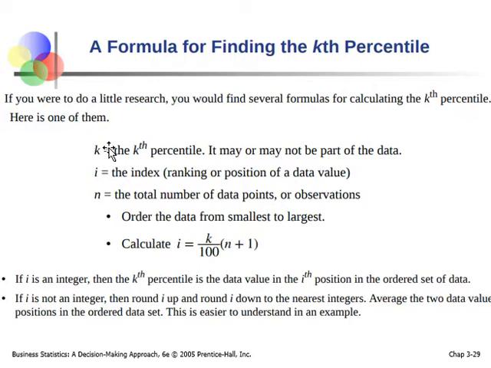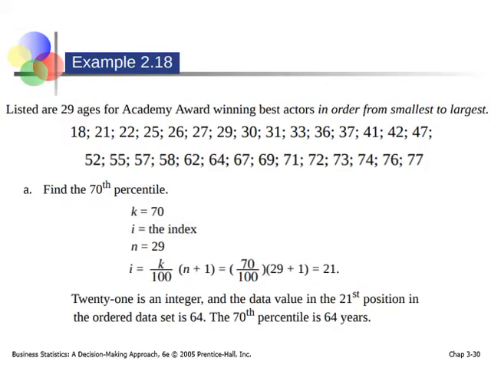Now, if i is not an integer, then round up i to the nearest integer. For example, if the index you got is not a whole number, like you are at position 2.5, it should be an integer. So in that case, if it is not an integer, we round it up to the nearest integer.